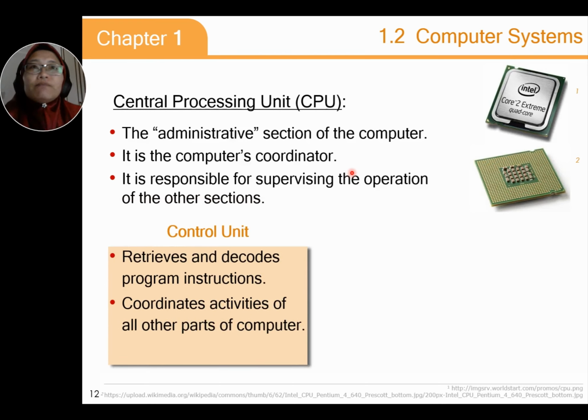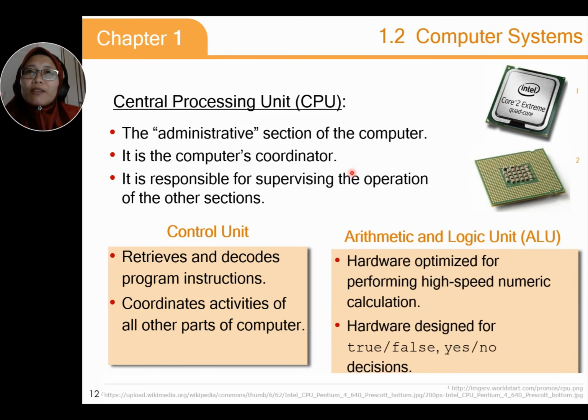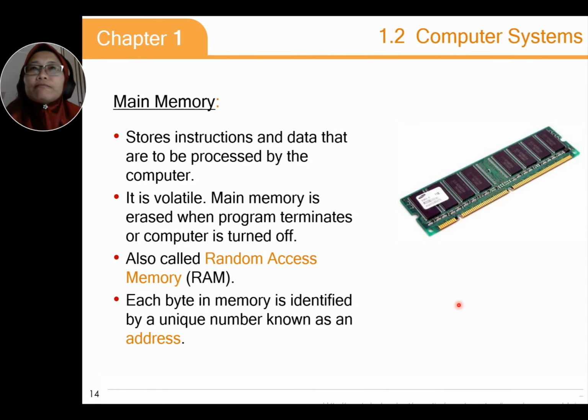It's made up of the control unit, which retrieves and decodes program instructions, and is the coordinator. You can think of the control unit as like the supervisor, while the arithmetic and logic unit, or ALU, as the name suggests, is for arithmetic and logic, hardware optimized for performing high-speed numeric calculation.